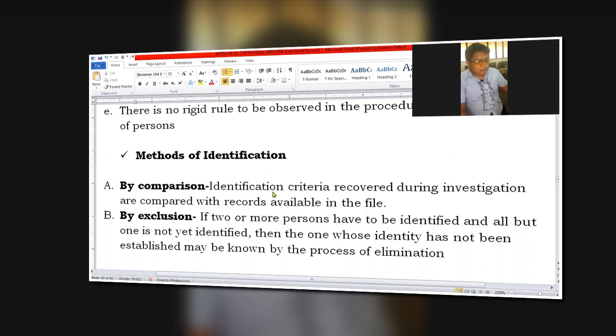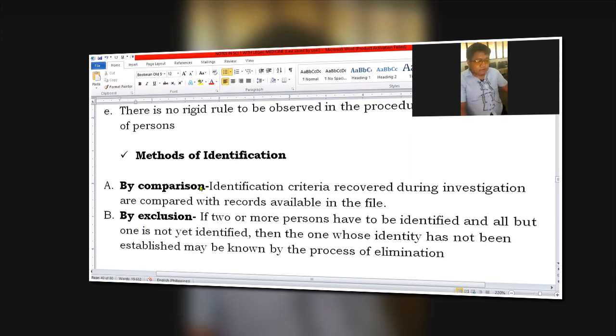Comparison deals with the comparison of two similar things or evidence, while exclusion is the process of elimination. For you to establish something, you have to apply elimination, so what remains will be the proof.